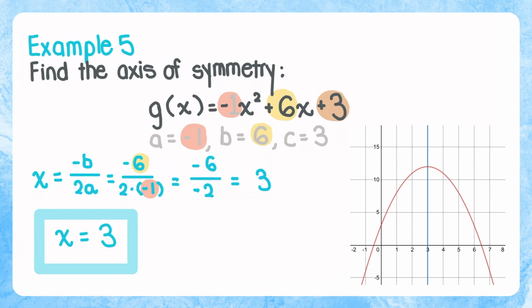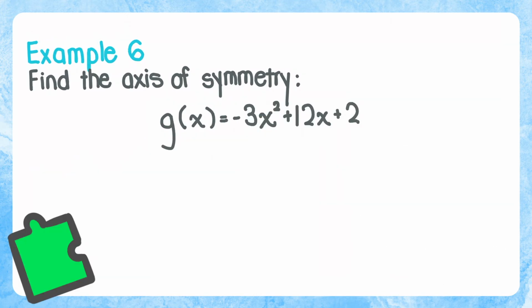This is our parabola, and notice that the axis of symmetry is at x equals 3. That means we're correct. Try this one on your own. Find the axis of symmetry for g of x equals negative 3x squared plus 12x plus 2. Be careful about your positives and negatives.